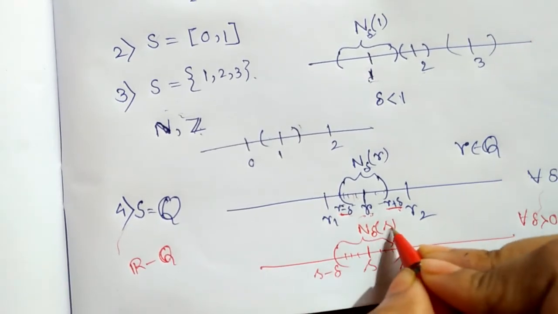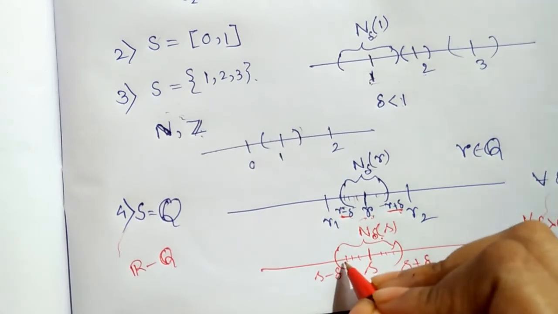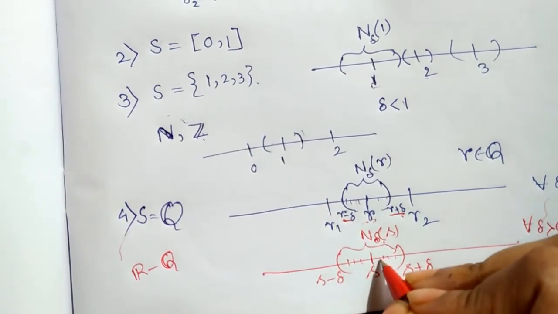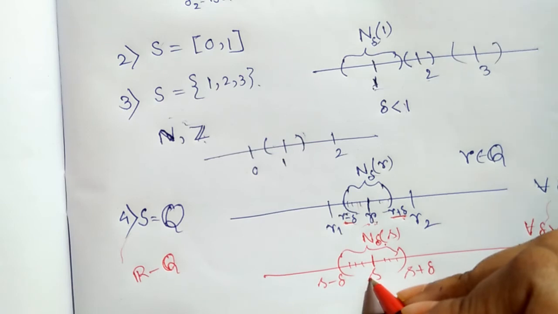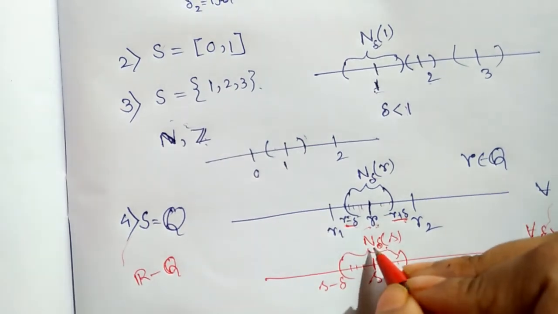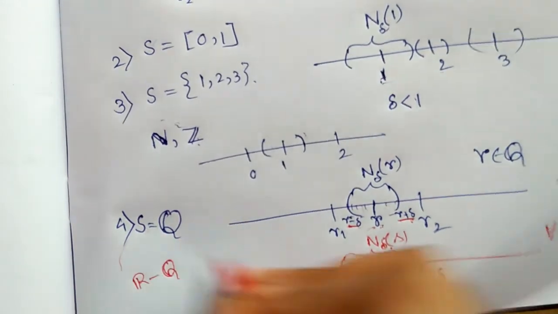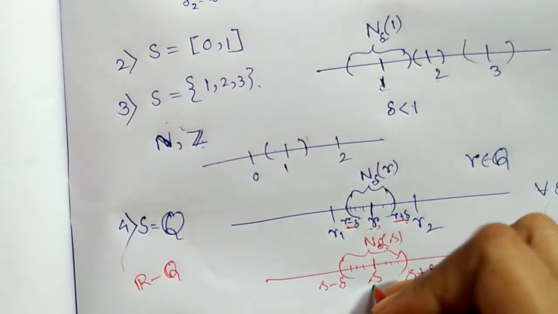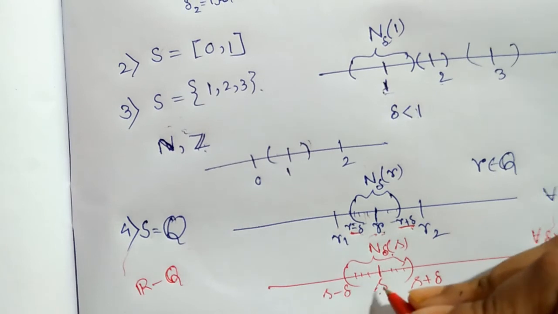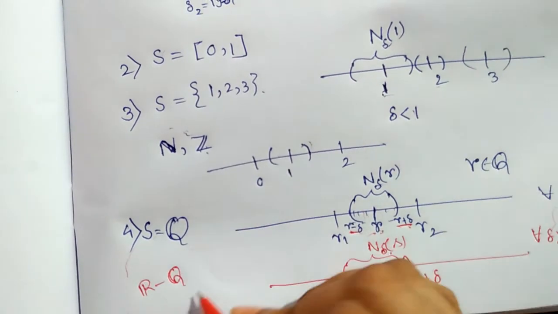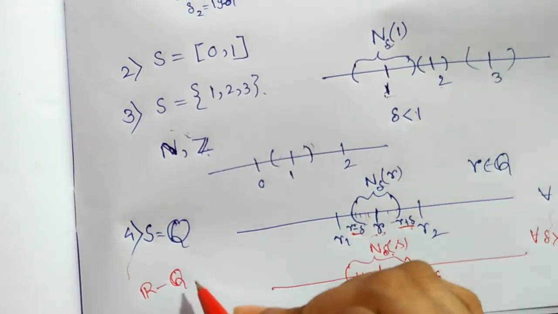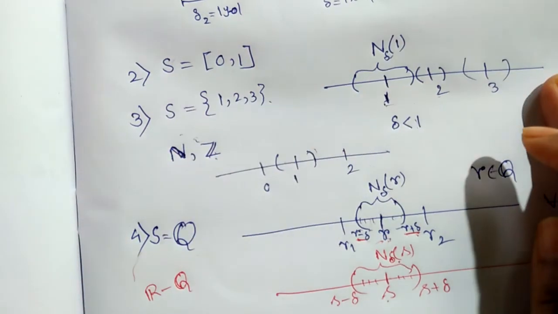So N_s(delta) contains infinitely many rational numbers other than s, that is, a point of S other than s. So s is also a limit point of S. So any irrational number is also a limit point of S.